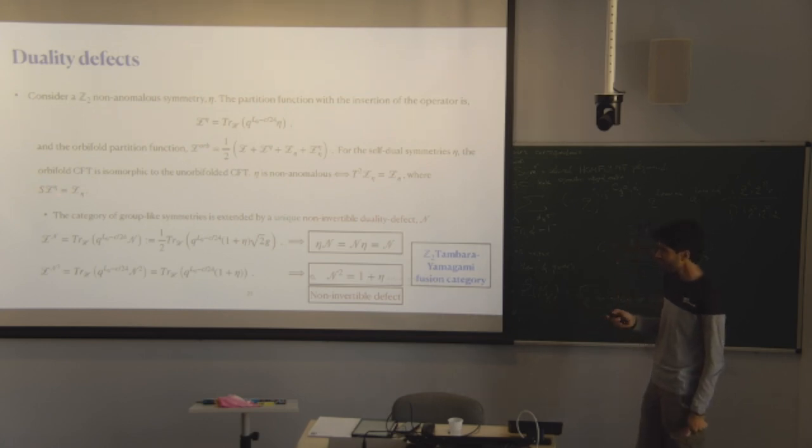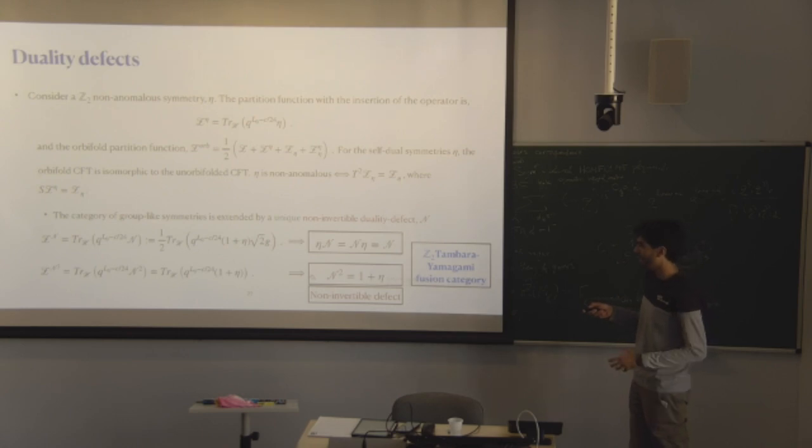Okay. So the category of group-like symmetries is what we say when we want to extend the group of symmetries with a non-invertible duality defect, and this extension takes you from a group to a category. So Z of curly N is defined as the trace over the Hilbert space with the N insertion, which can be defined as this operator.